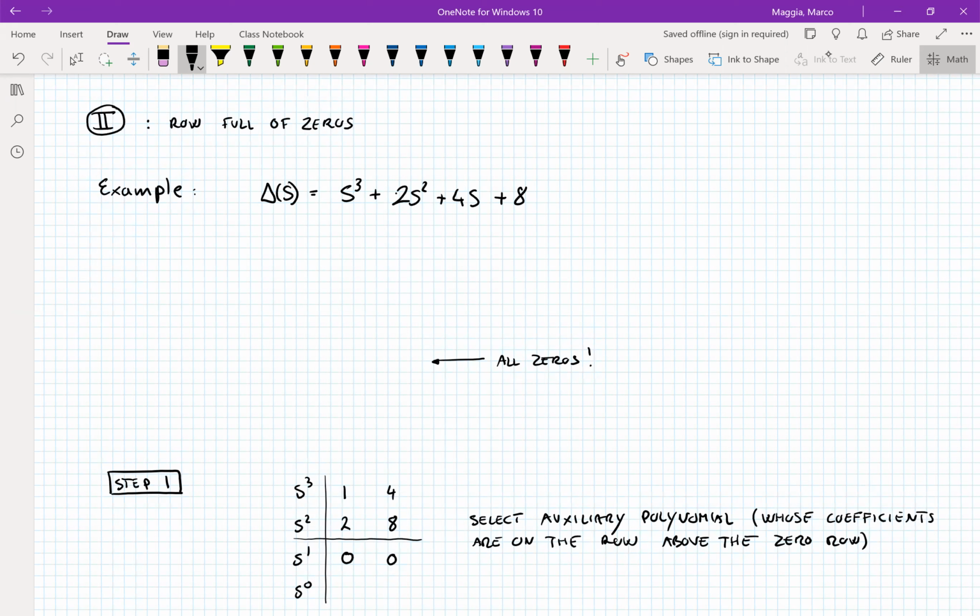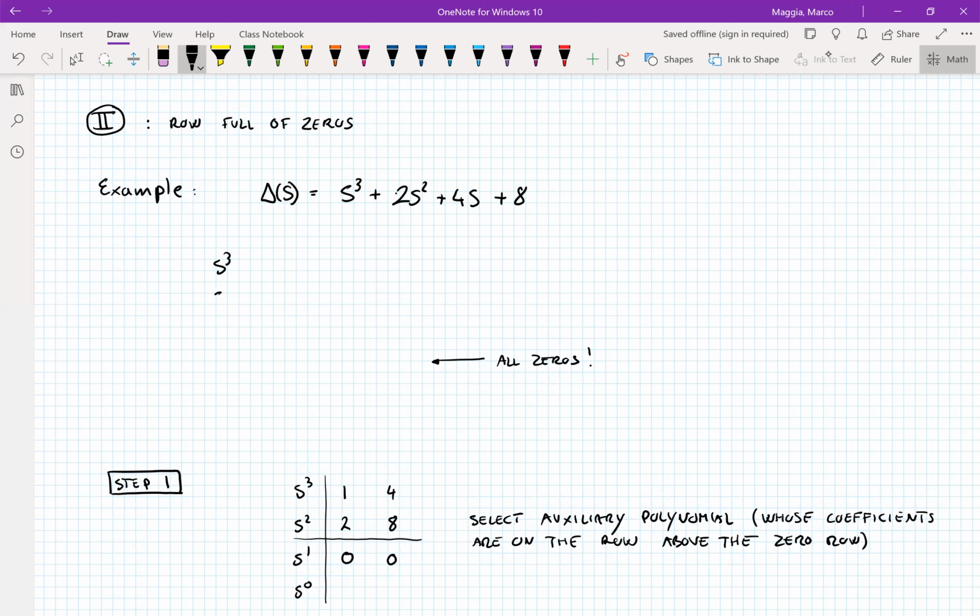So as soon as you find a row full of zeros, you can already say that the system is not asymptotically stable, but it might be marginally stable. So we need to know how to proceed. So let's see how to tackle this case.